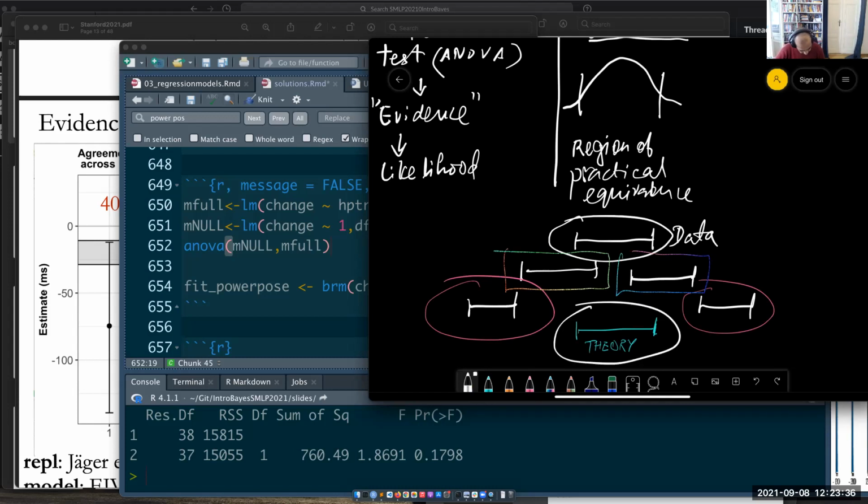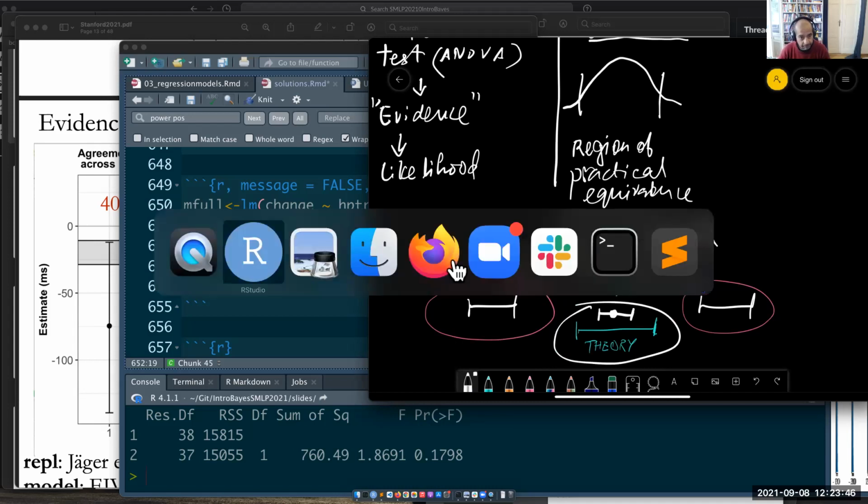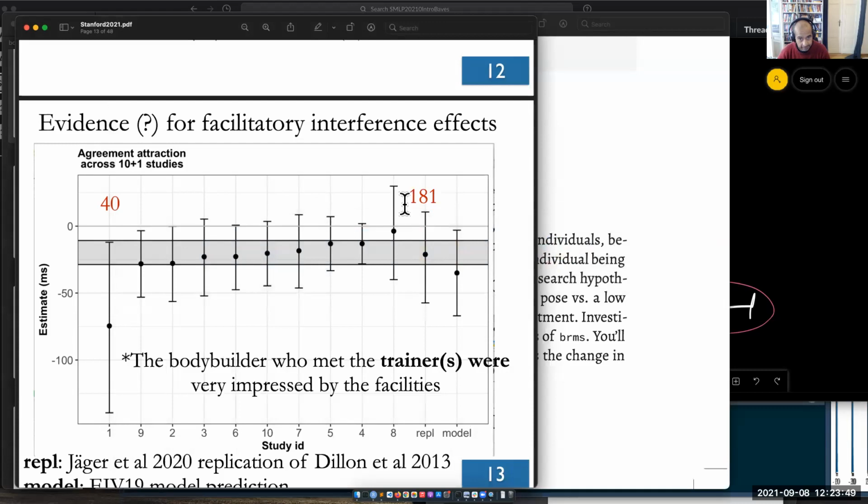Now, there are actually more possibilities. One possibility is that the data lands much more tightly, in a large sample study, inside the theoretical region. That's what actually happened in this study that I'm showing you. The theoretical range is here, and the observed range from the meta-analysis lies inside it, right?